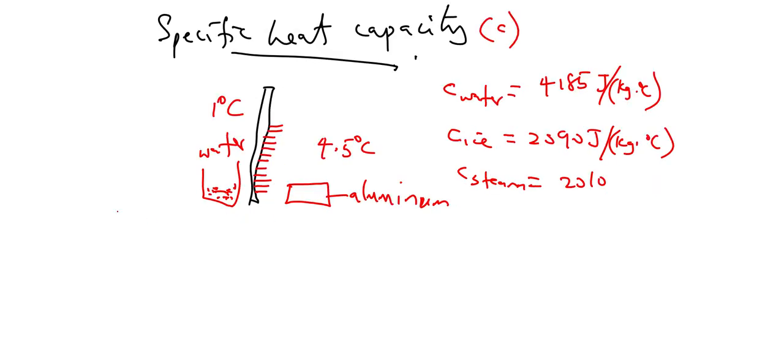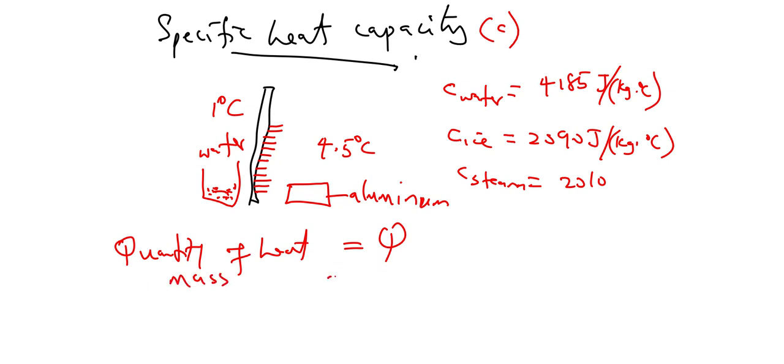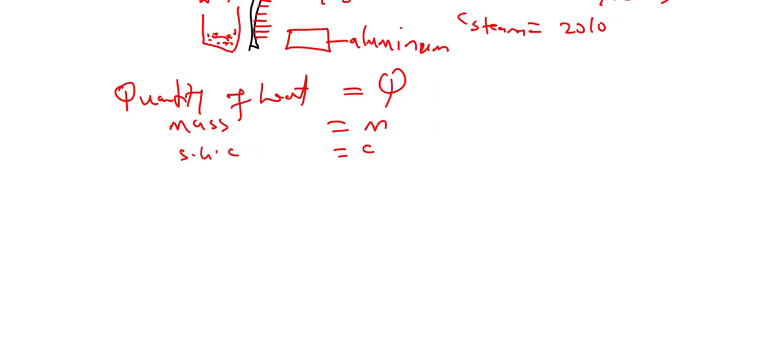Now, let's say you supply a certain quantity of heat energy, let's term it as Q, and you add this quantity of heat to an object of mass m, and that object has specific heat capacity c. If you add this quantity of heat, there will be a change in temperature from the initial temperature to the final temperature.